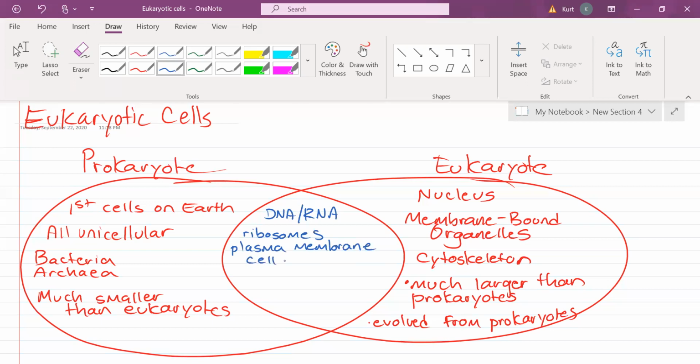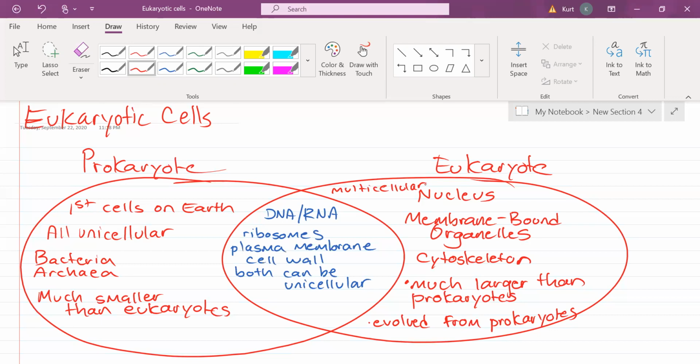They have cell walls, which are meant for protection. And both can be unicellular. All prokaryotic cells are unicellular, but there's a few eukaryotes that are unicellular too. One thing I want to say is that eukaryotes can be multicellular. I left that out. Like you, me, most fungi, and all plants are multicellular.